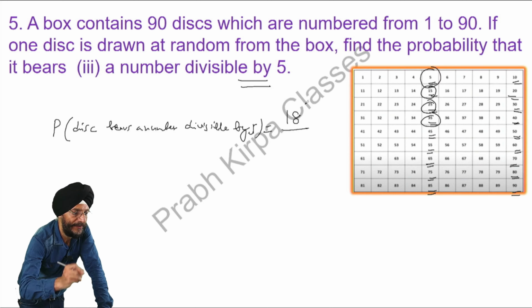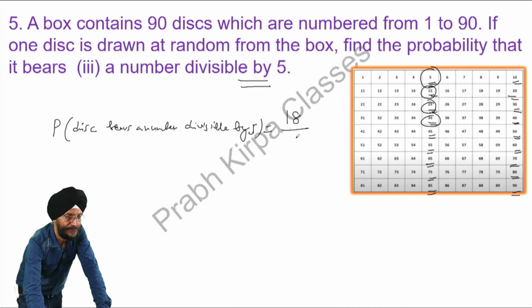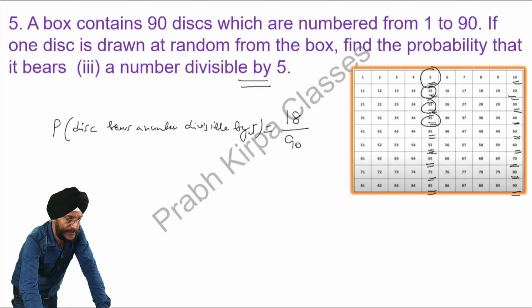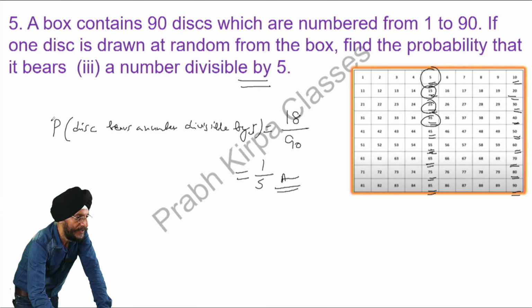That is, the number of favorable outcomes is 18, which we have counted here. The total number of outcomes, or the total number of discs, is 90. So it is 1 over 5. This is the answer of the third part of the question.